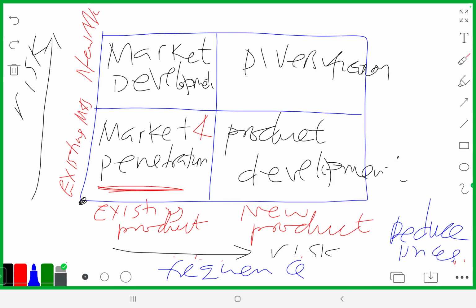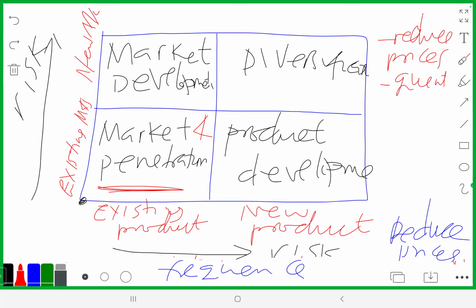Number one, you would reduce prices. You would also make frequent users, and you would offer discounts to your customers.